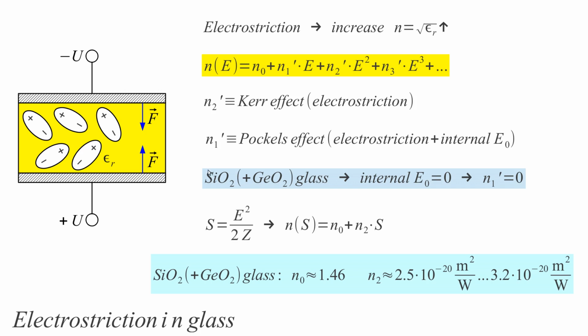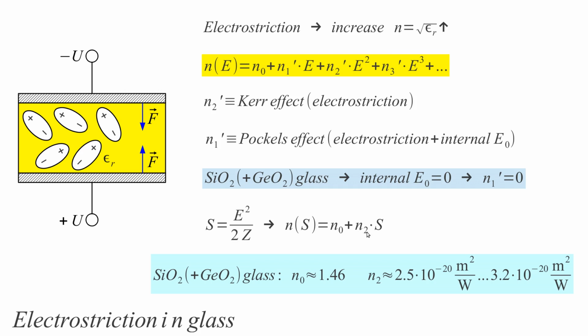So in silica fiber, with most of it being silica glass with some germanium, the internal field is 0 and N1 is 0, so we only have the square effect. It's much more convenient to rewrite this equation in terms of power density S, so this is watts per square meter. We have N0 for the basic refraction index, and N2 is this refraction index coefficient. It does not mean cladding N2.